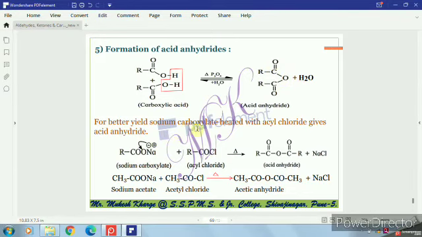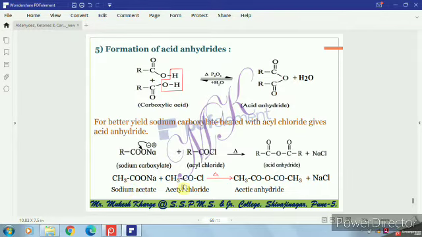For better yield, sodium carboxylate heated with acyl chloride gives acid anhydride. So sodium carboxylate RCOO minus Na plus, plus acyl chloride, then it gives RCOOCOR plus NaCl.